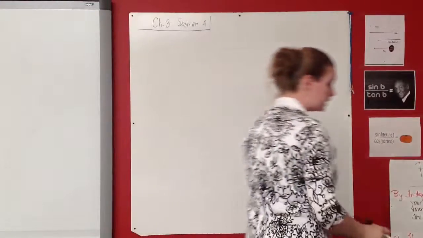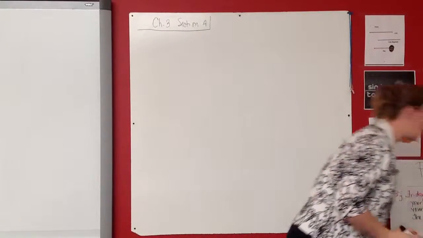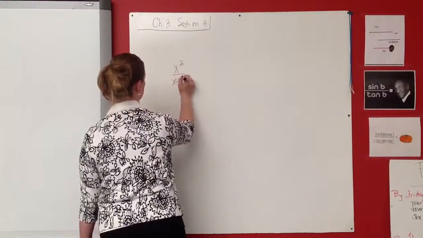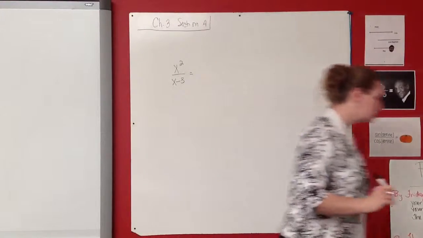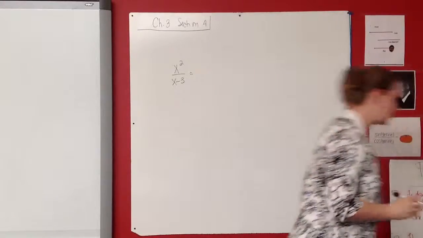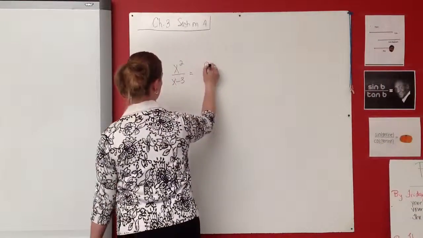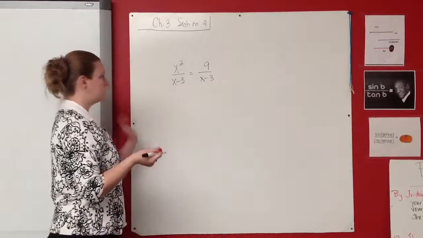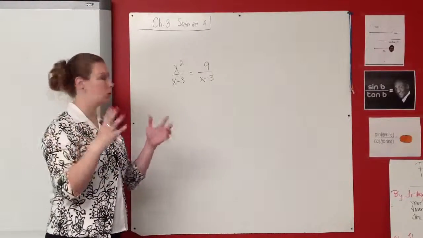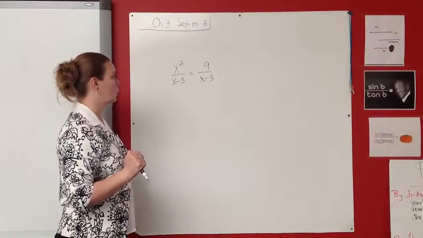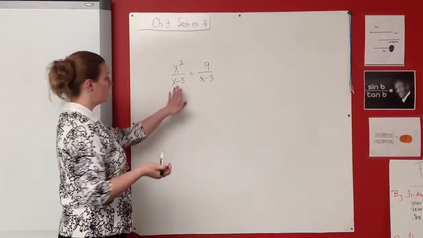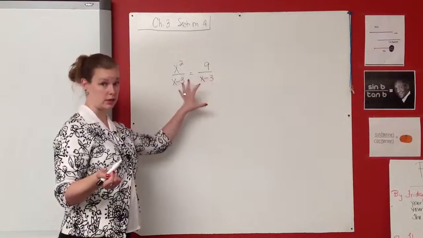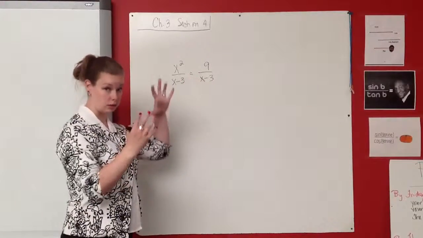The example reads x squared divided by x minus 3 equals 9 divided by x minus 3. This is just a really simple illustration of how we clear the fractions and then just work with what's left in the numerator. So if you look at both of these rational expressions, there's an expression on each side. With the equal sign, it makes an equation.